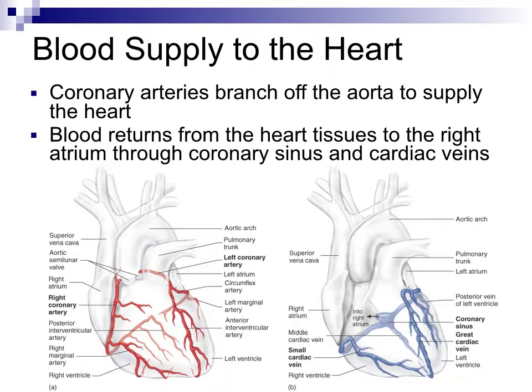If the heart cells don't get oxygen, within 4 or 5 minutes those cells start to die. This picture on the left is the important picture. There are the right and left coronary arteries. These distribute blood to all of the heart muscle, so it's really important. We're going to talk more about those today.